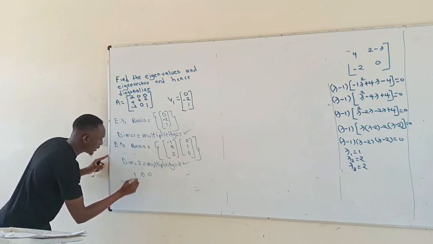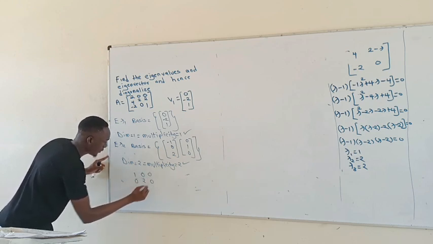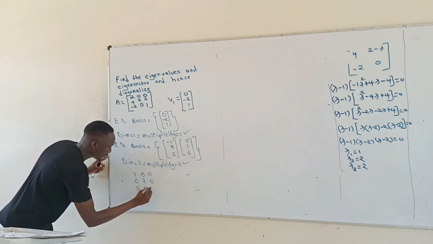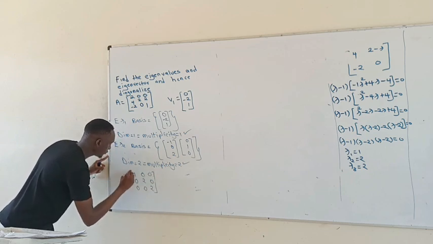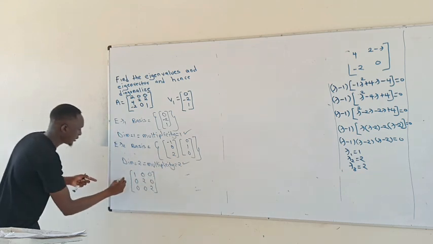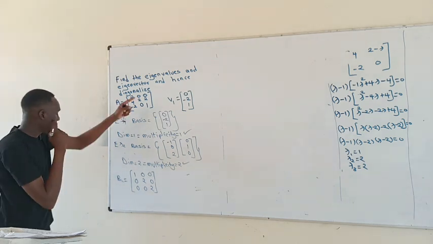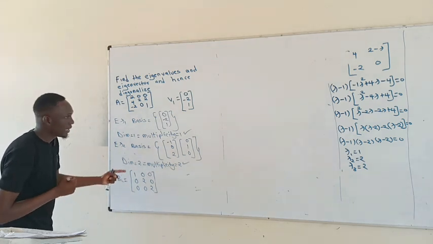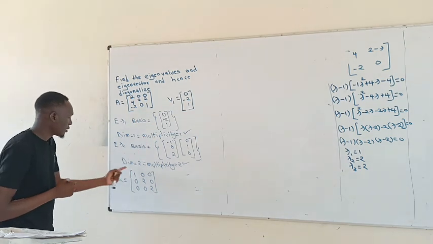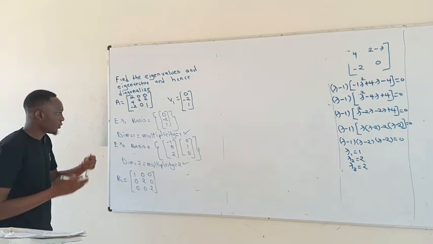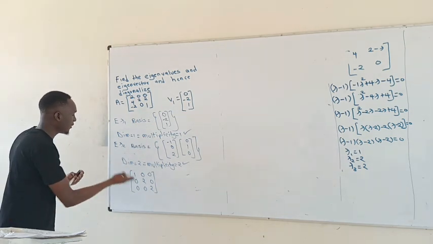Then we have 0. Lambda 2 was 2, 0, 0, 0, 2. Now let's give it B. We realize that to diagonalize, we only put the eigenvalues on the diagonal.